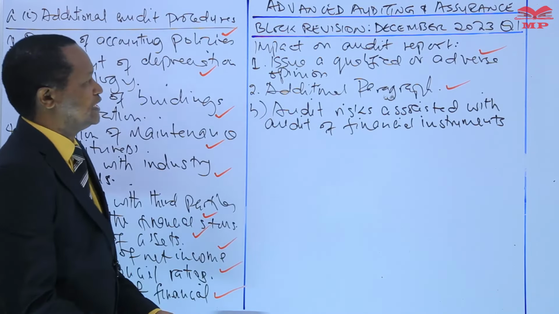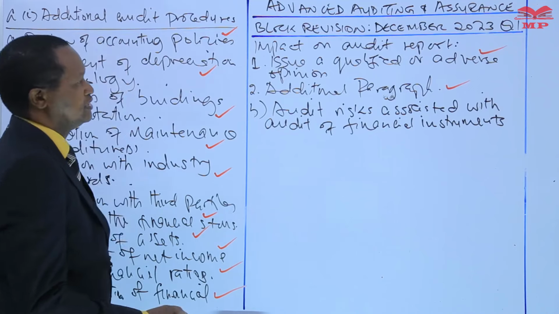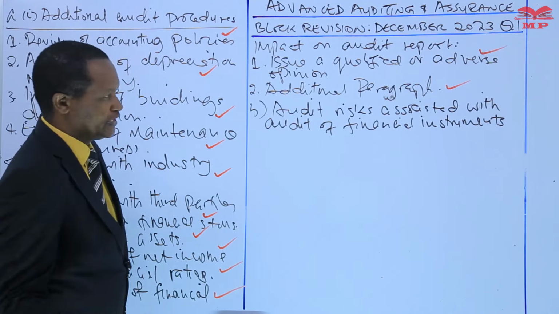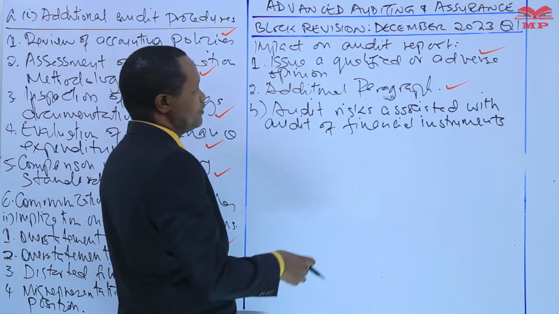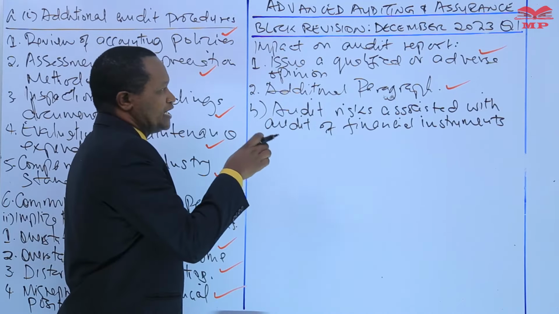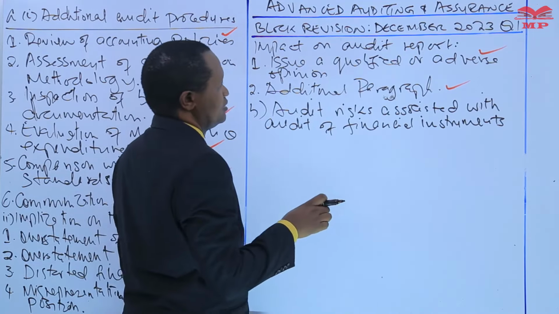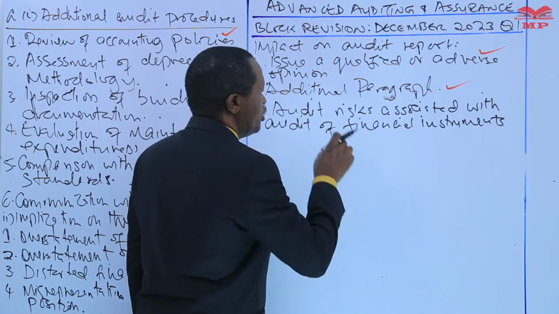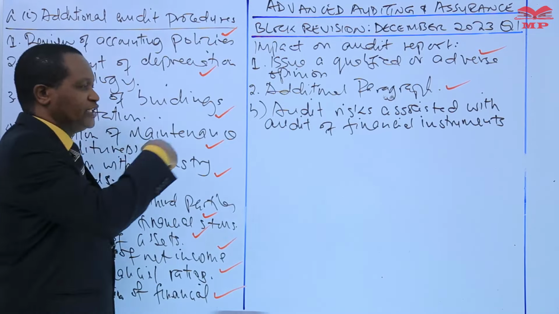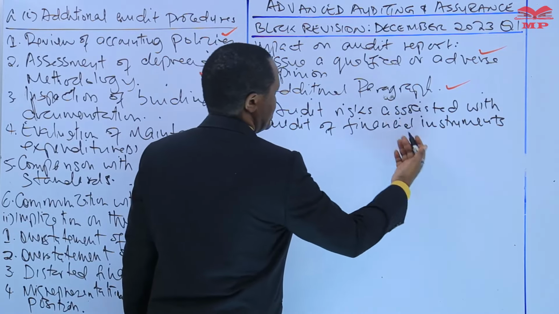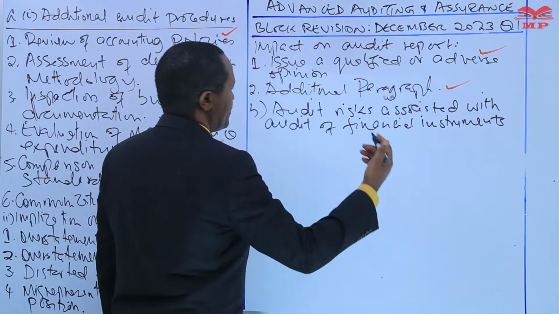So what are some of the audit risks that are associated with the audit of financial instruments? Not statements, but instruments.